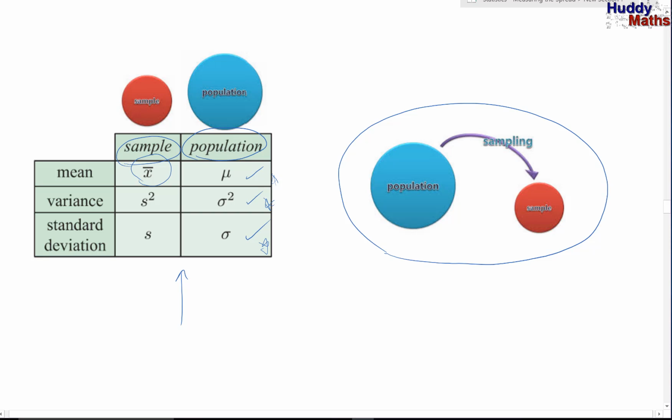You've seen this on the calculator, x bar, and we're going to use s squared for the variance and s for the standard deviation. And this is just to distinguish whether we're working with a statistic. A statistic is a value calculated to describe properties of a sample, or whether we're working with a parameter.